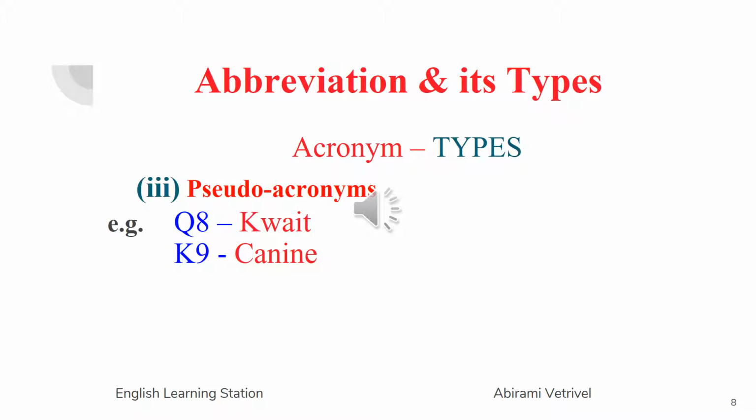The second example is the letter K and the number 9. When pronounced as intended, we end up pronouncing it as canine. So, these two are examples of pseudo-acronyms. This is not an internationally accepted form of abbreviation. Instead, it is internet slang. So, these are the different types of acronyms.